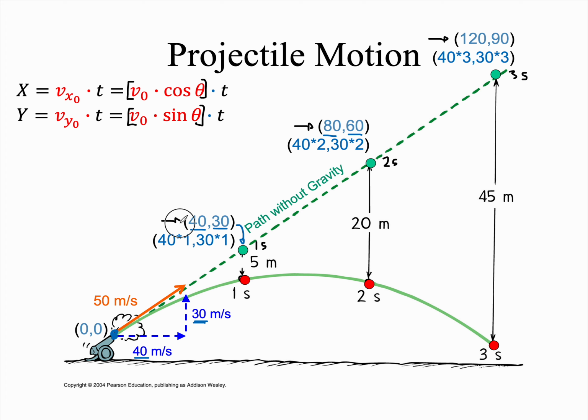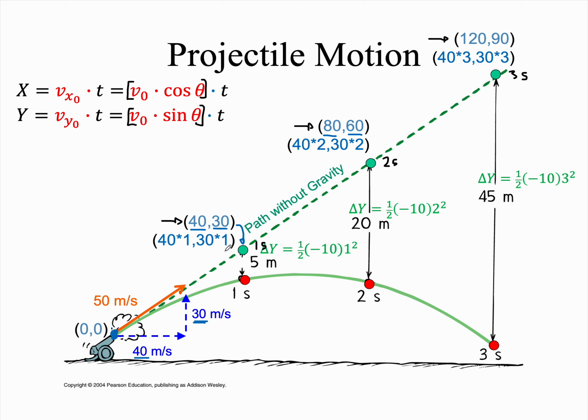But now what happens if we involve gravity? Well, the change in the y position is just 1/2 times the acceleration of gravity times time squared. This is 1 second. And it's going to give us the 5 meters. And then for 2 seconds, we're going to do the same thing. And for 3 seconds, we get that, which gives us our 45.